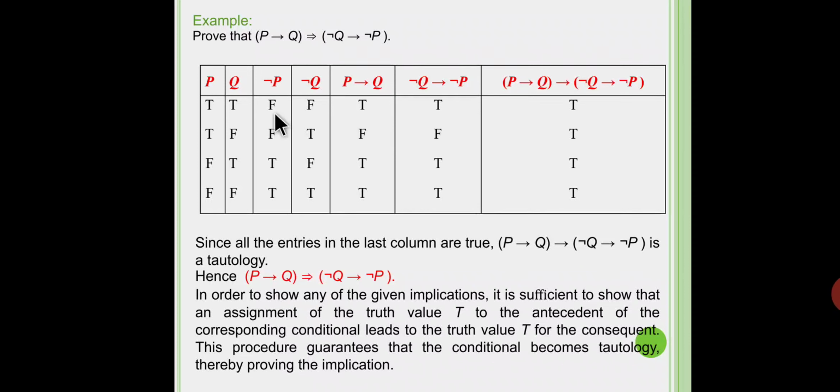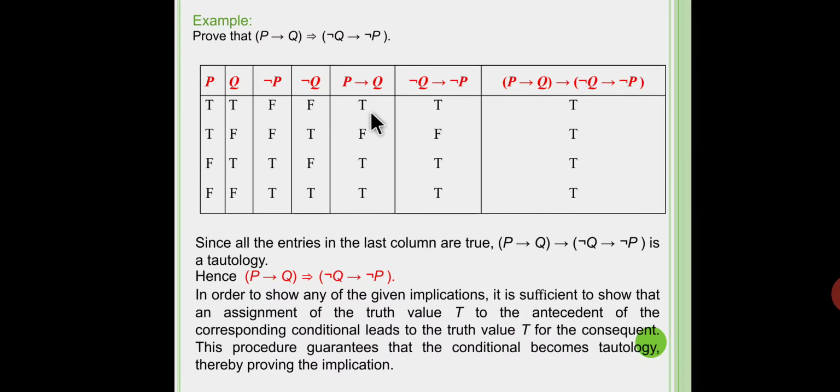So both the LHS and RHS have the same truth values. So P implies Q, which implies negation Q implies negation P. Here, when P implies Q is true and negation Q implies negation P is false, it is false. In other cases it is true.